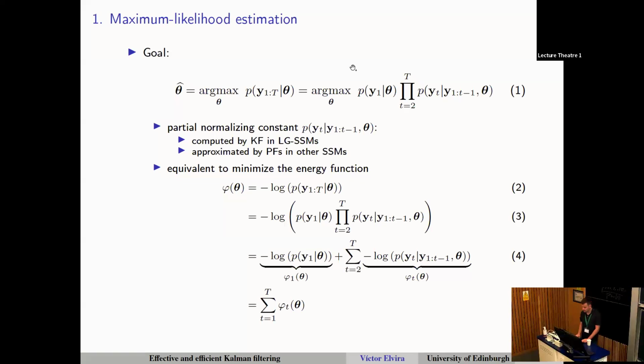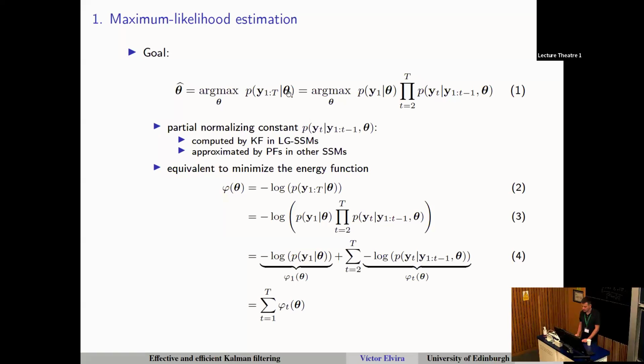So what we want to do is to maximize the likelihood of the model parameter. You have these observations, and intuitively, I think this resonates for everyone, what you want to do is to find a parameter for which the observations are likely to occur. This is a more hand-wavy way of seeing it.